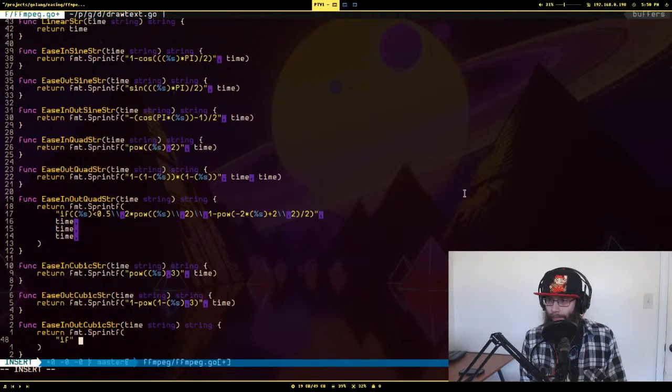If %s less than 0.5, then we got 4 times pow %s of 3.